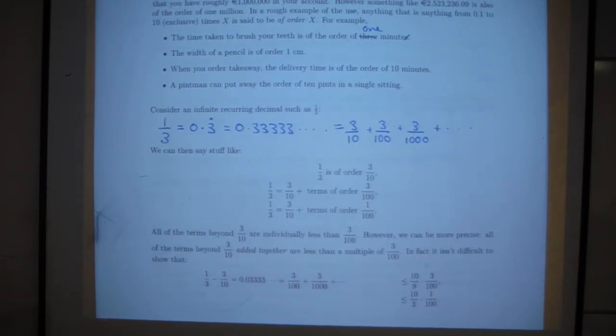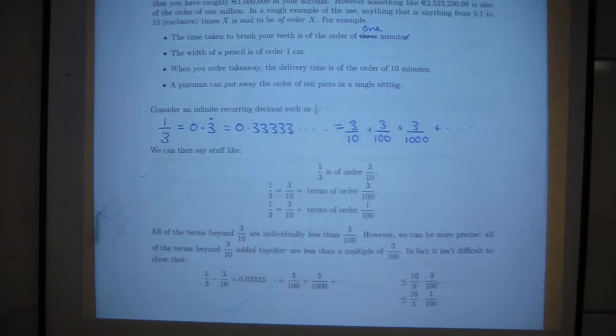The next one is probably more important. 1/3 is 3/10, that's the first bit, plus terms of the order of 1/100ths. So a third is like 3/10, and then everything else after that is like a multiple of 1/100ths.